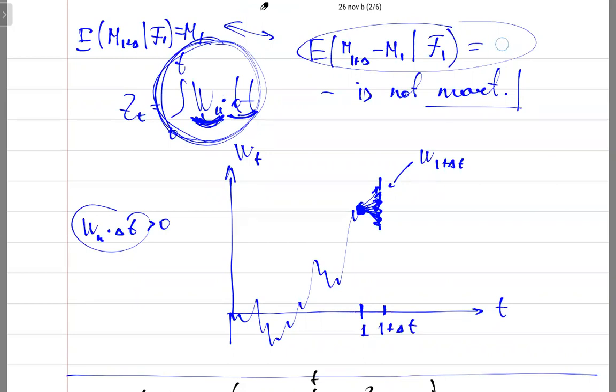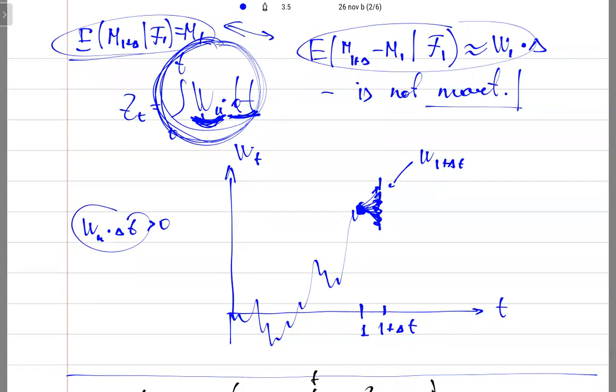Roughly speaking, if delta is small, the change is roughly W_s times delta, because this integral just sums du times the current value of W_u. So given F_s, it will be W_s times small delta. If you know that W_s is positive, you expect a positive gain of Z_t. And for a martingale, the expected future gain, independently of the current value, should be 0.